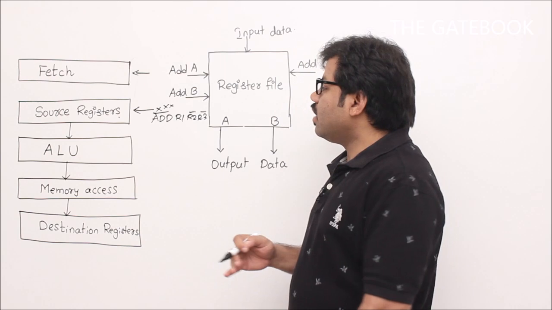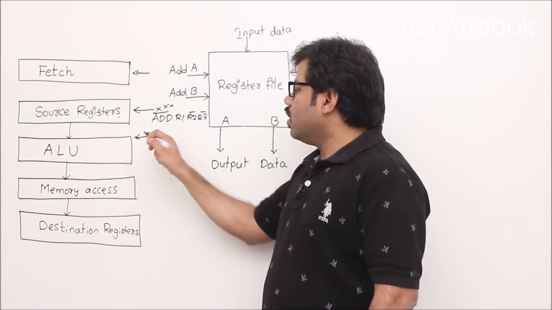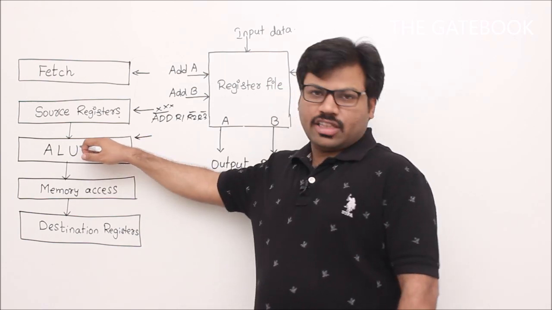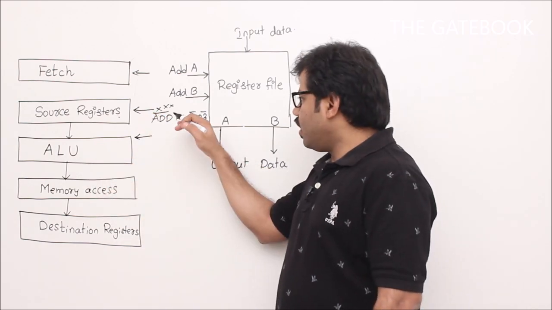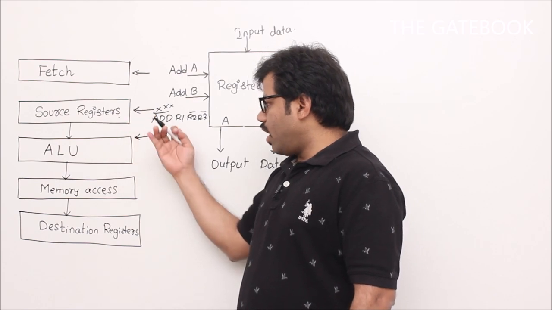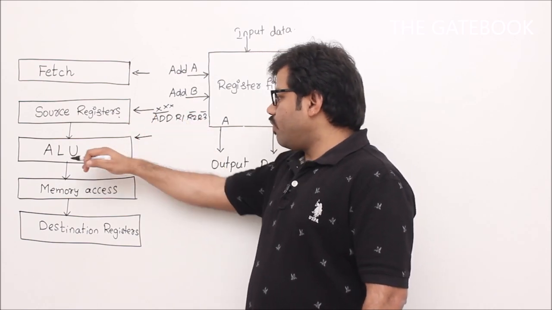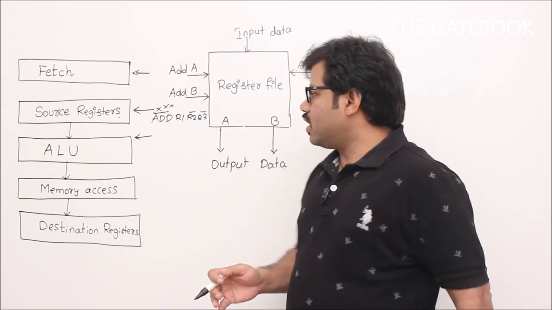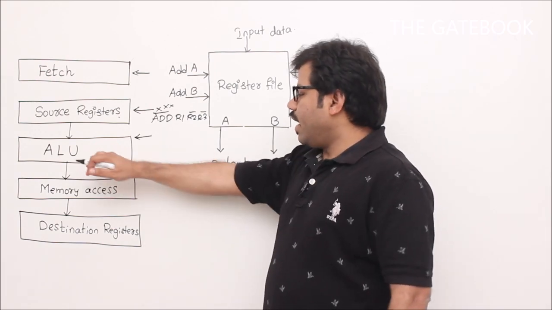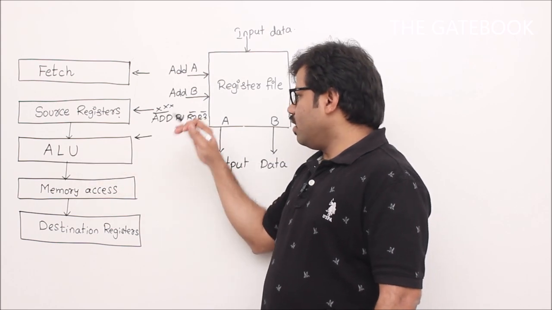In the third stage, I will be doing the required arithmetic. Since it is an arithmetic instruction like addition, and the registers R2, R3 values are already read, I will add those values in the ALU. We will see the hardware components, don't worry. At this moment just understand that in the ALU stage we will be adding the registers.